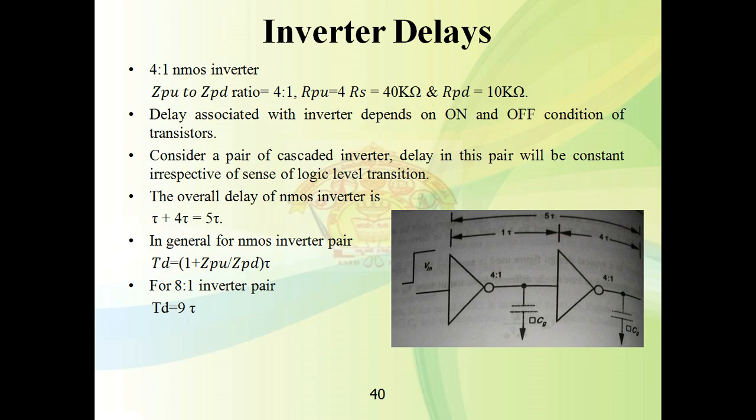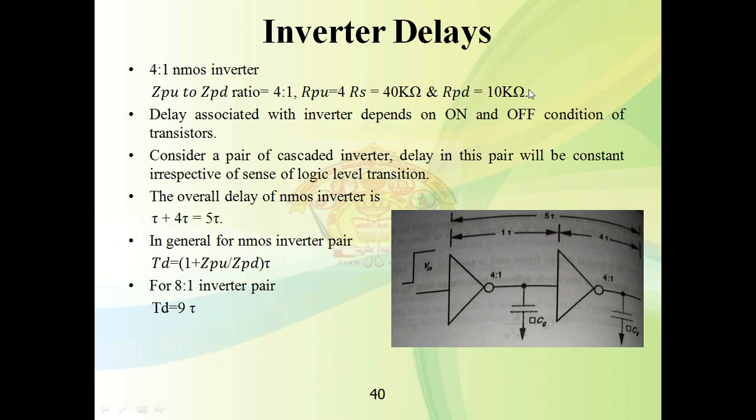We have already discussed how to calculate the resistance of the pull-up and pull-down transistors. The resistance of the pull-up transistor RPU is 4 Rs, which is 40 kilo ohm, and the resistance of the pull-down transistor is the minimum, equal to Rs, which is 10 kilo ohm.